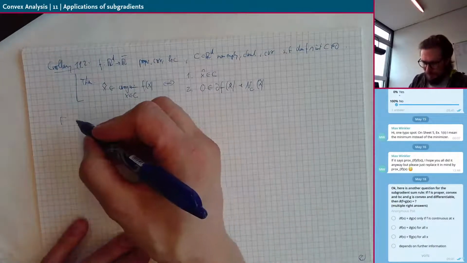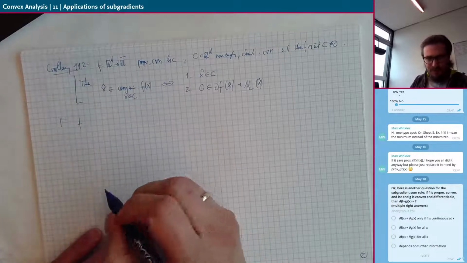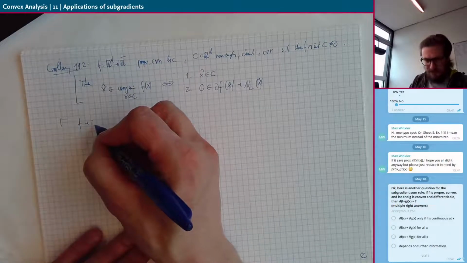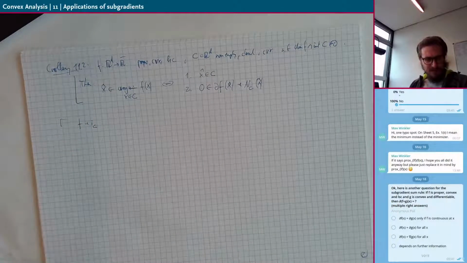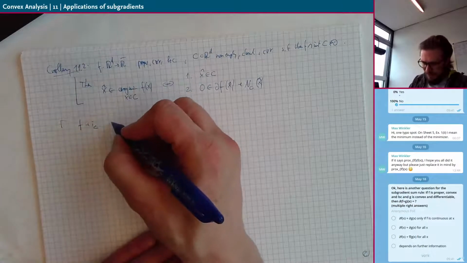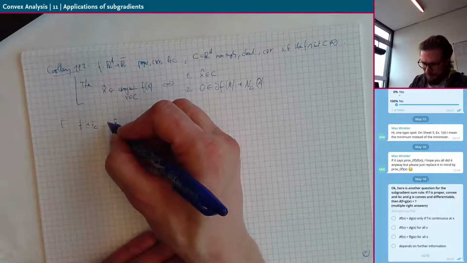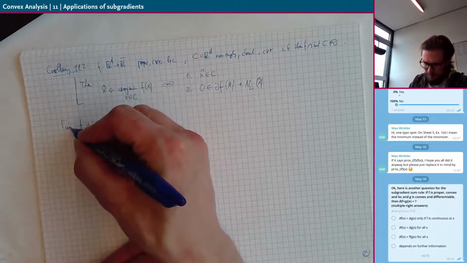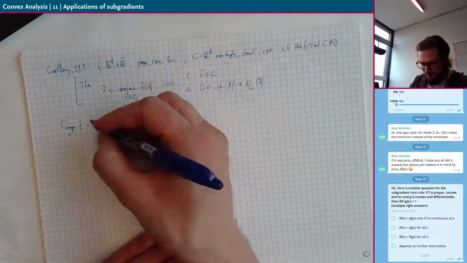The function which we need to consider would be F plus the indicator function of C. That's the function we would like to consider. And we know that X hat is actually in the argmin of this unconstrained problem.